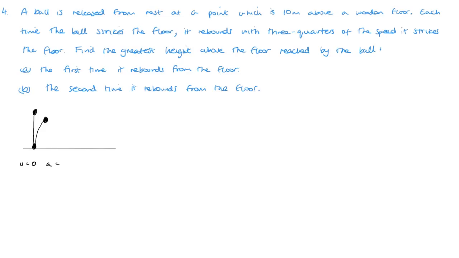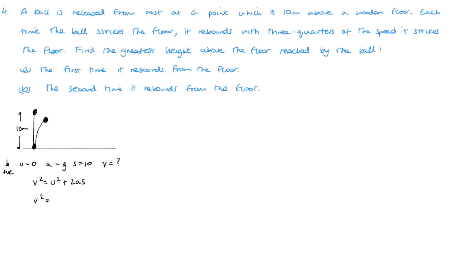A is equal to, I'm going to take downwards as positive here, so A equals G. S equals 10, because this is 10 meters, and I want to find V, because then for the second part, V will be my U. So I've got S, U, A and V, so that is V squared equals U squared plus 2AS.